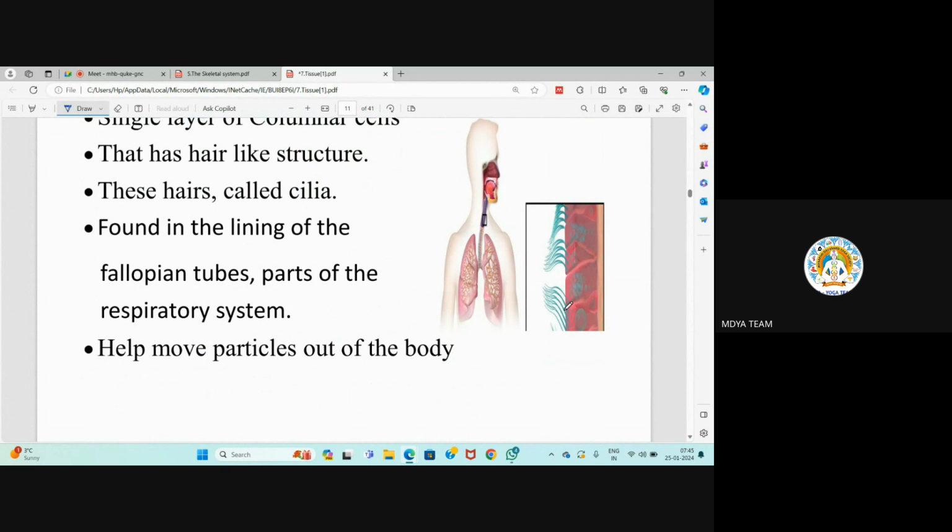These are known as cilia in lungs. A similar kind of structure you can find in small intestine that are known as villi, and in fallopian tube also. So I think you are getting the terminologies: fallopian tube, lungs, small intestine, right?